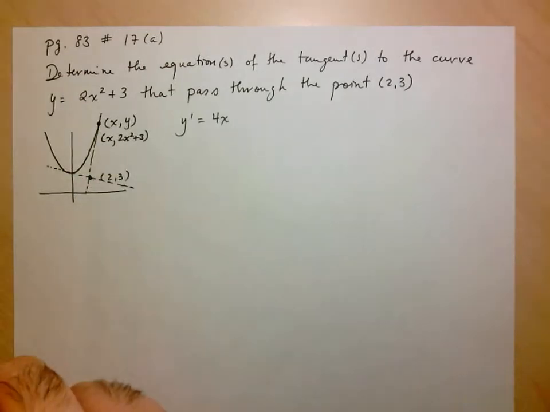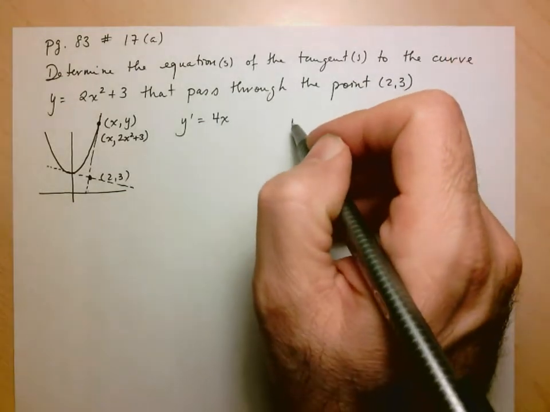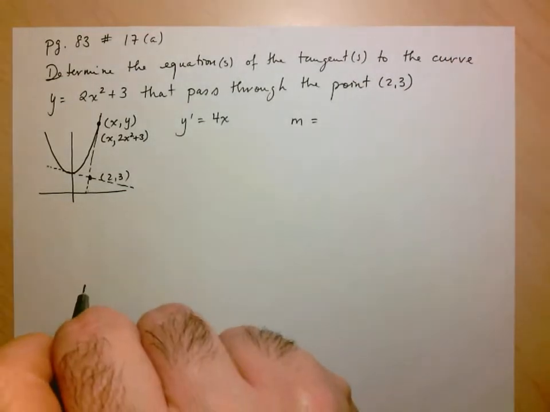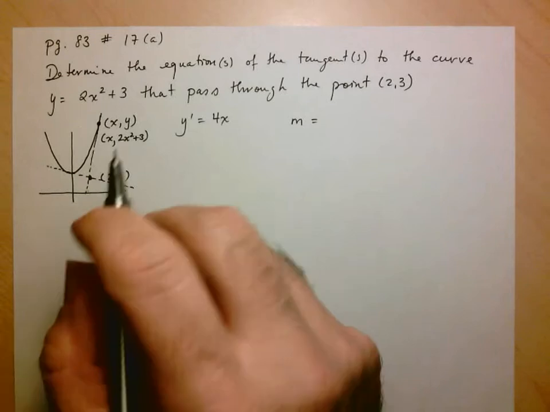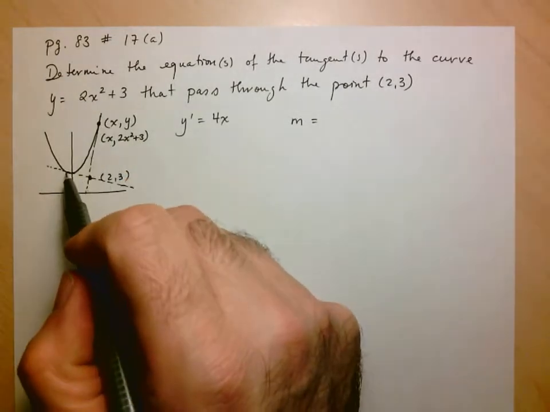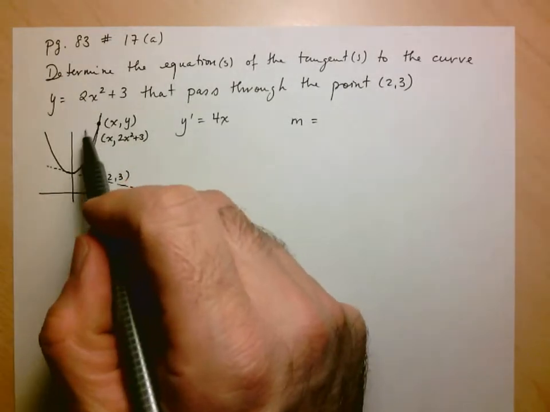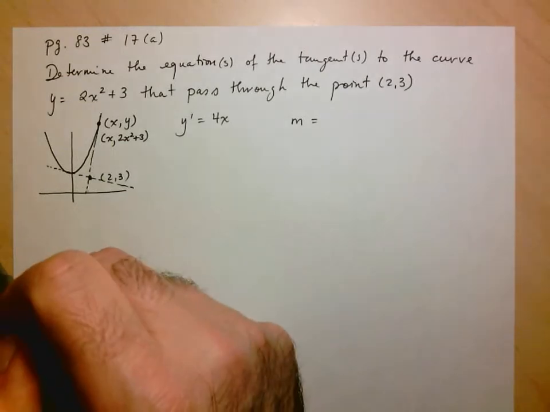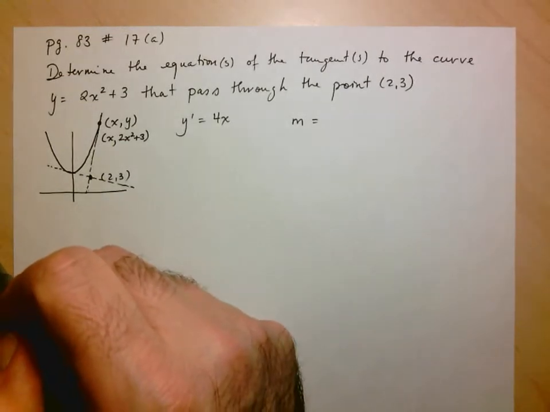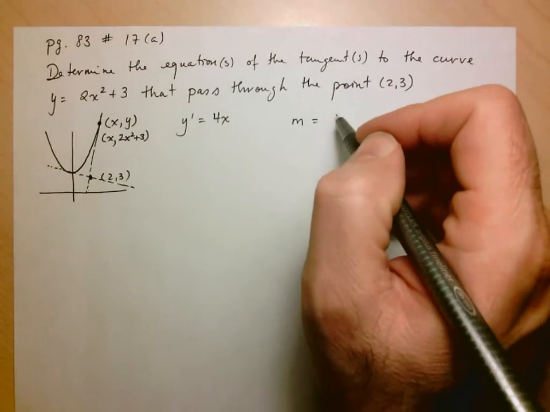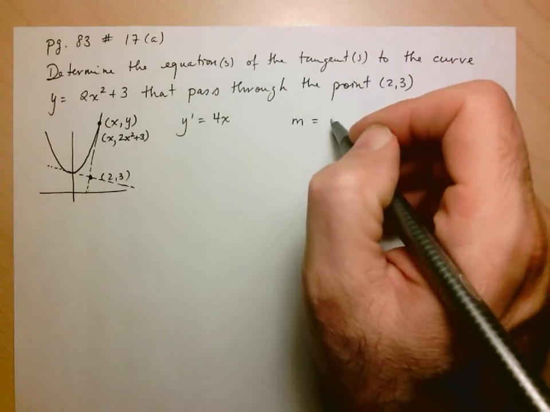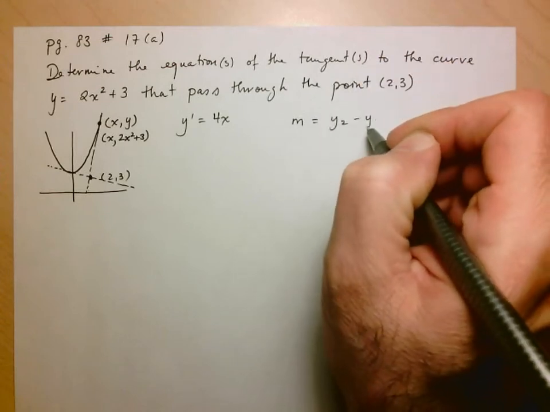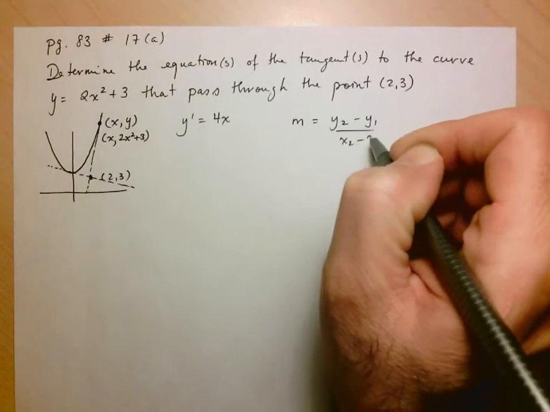What this allows me to do is represent any point on this curve with only one variable. So now we'll just use the slope formula for any line. By the way, this could work equally well for this point down there, but I'm just drawing this to show you what I'm doing here. So the slope of the tangent line is just going to be y2 minus y1 over x2 minus x1.